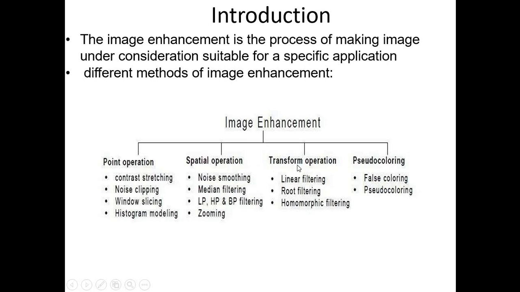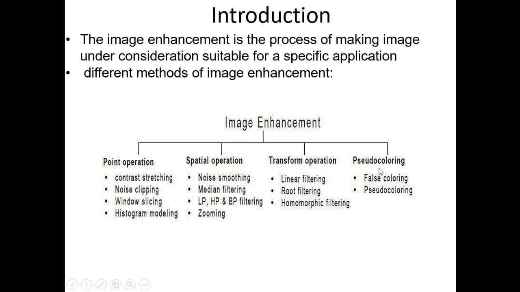In transform domain operation, we are transforming our image into some other domain like frequency domain, and for that we are using Fourier transformation or wavelet transformation. So we are taking our image into a transformed domain, and then there we can do the filtering, like linear filtering, root filtering, homomorphic filtering.